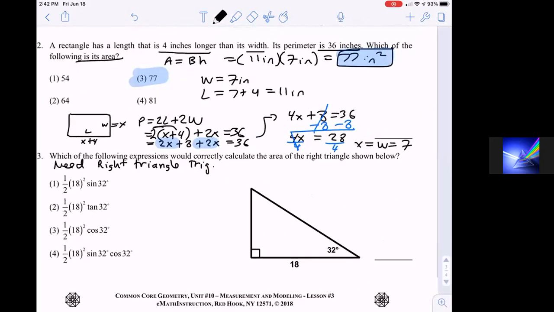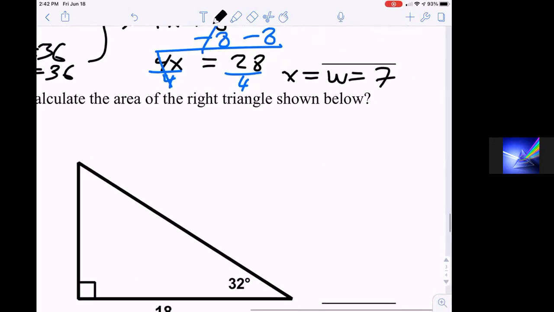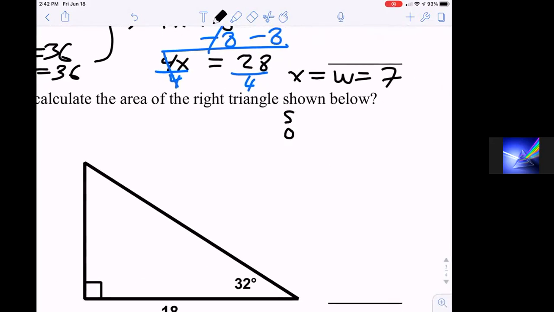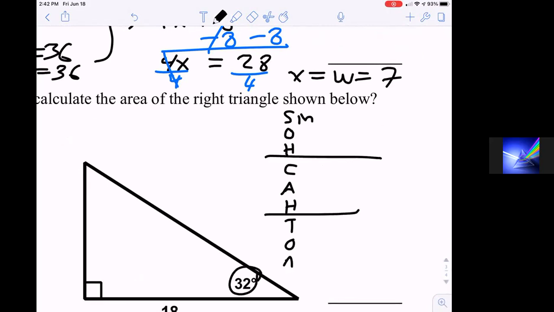And just to review that, we had our little SOHCAHTOA acronym that helped us recall the various trig ratios. So the sine of any particular angle was the relationship of the opposite side to the hypotenuse. The cosine was the relationship of the adjacent side to the hypotenuse. And the tangent of the angle was the opposite side over the adjacent side.